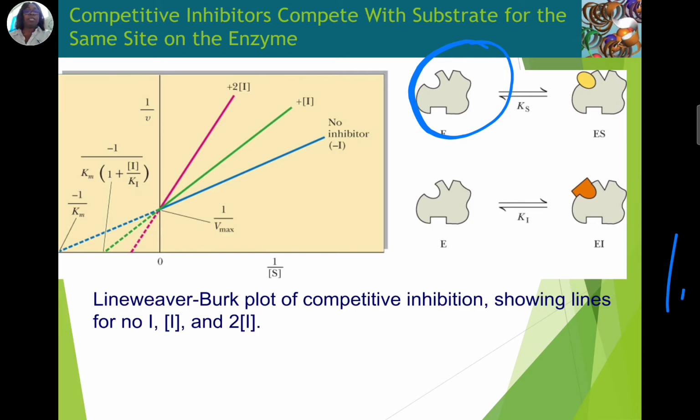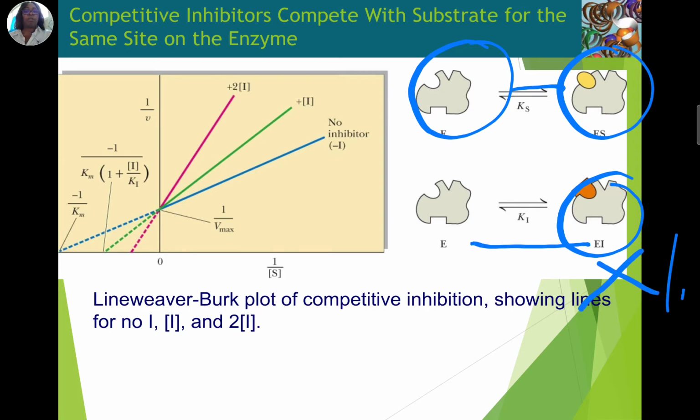So either the enzyme is going to meet the inhibitor, in which case activity is blocked, or the enzyme meets the substrate, in which case the reaction proceeds. So in this case, no reaction. In this case, reaction. But whether it's the substrate or the inhibitor, they are both competing for the same site.